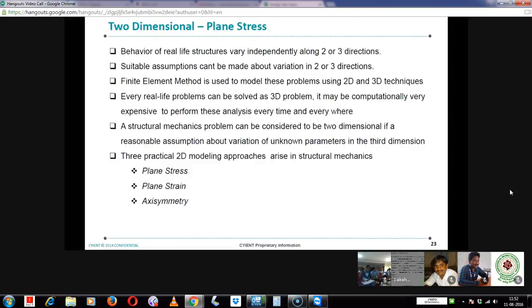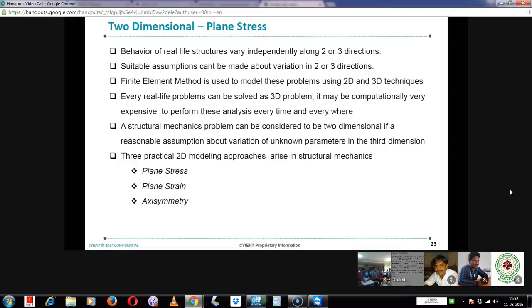Now coming to two dimensional, generally real life structures are three dimensional. So here the behavior will be independent along two or three directions. If you see any structure, it is a three-dimensional feature, and its behavior will be independent.